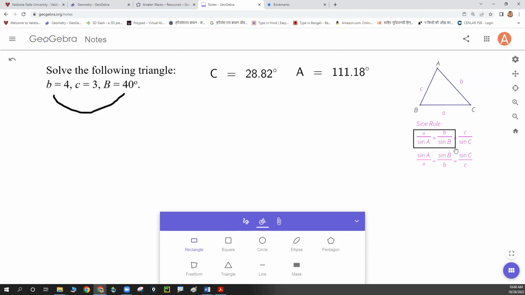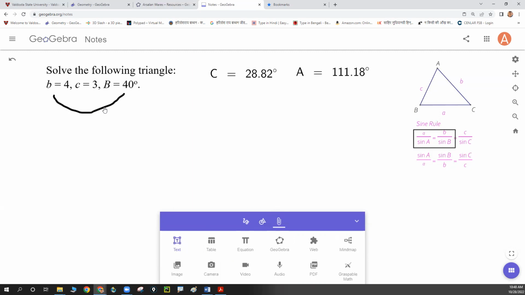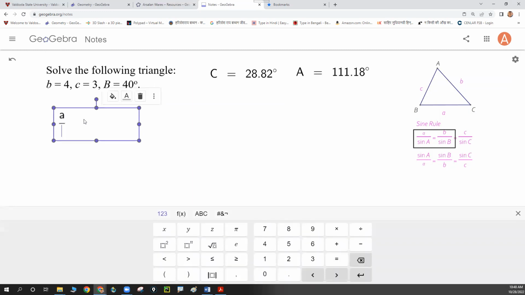Knowing that using the right formula helps you a little bit. So if you look at it, I'm looking for small a. Small a divided by sine capital A is equal to small b divided by sine capital B.